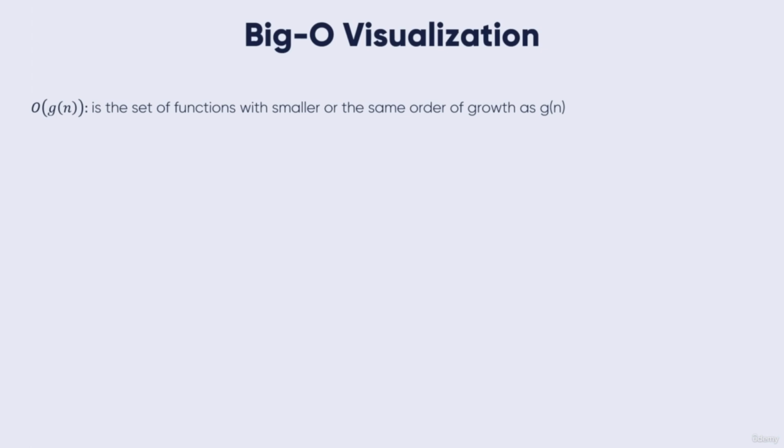Big O visualization: O of g of n is the set of functions with the smaller or the same order of growth as g of n. For example, if we have O of n squared, this means it includes O of 1, O of n, and O of n log n that we have seen in the chart before.